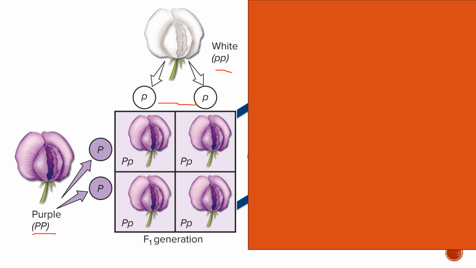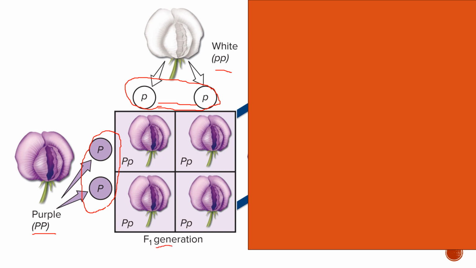So what this is showing is if we have a cross where we have a homozygous recessive crossing to a homozygous dominant, we call these a true breed or a purebred. So if they're homozygous dominant and we're crossing to a homozygous recessive, we call this an F1 generation, where the parents were both homozygous, one dominant, one recessive.